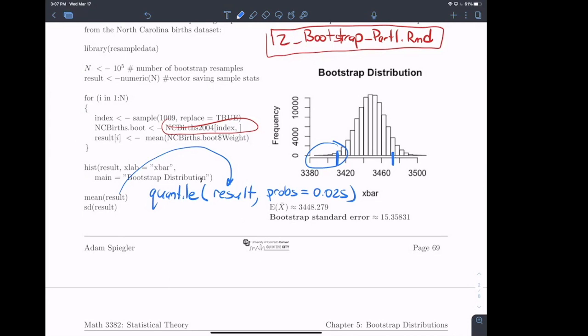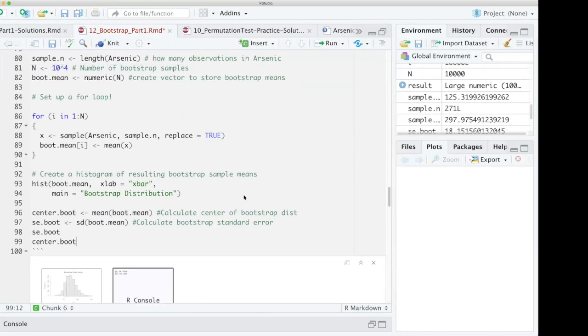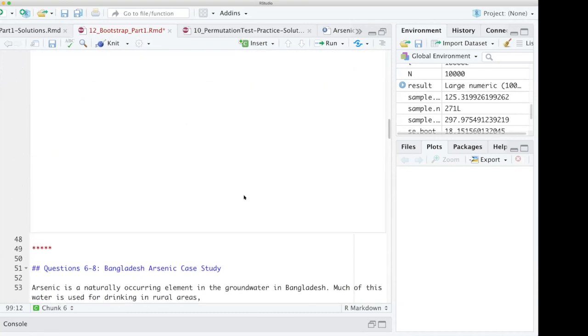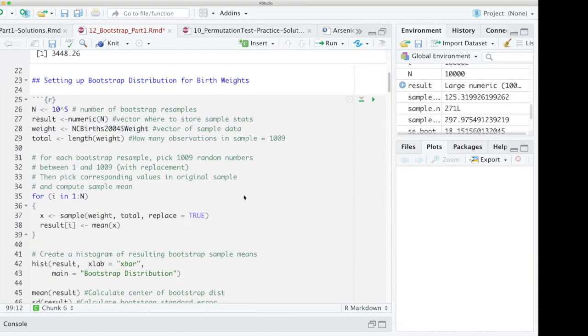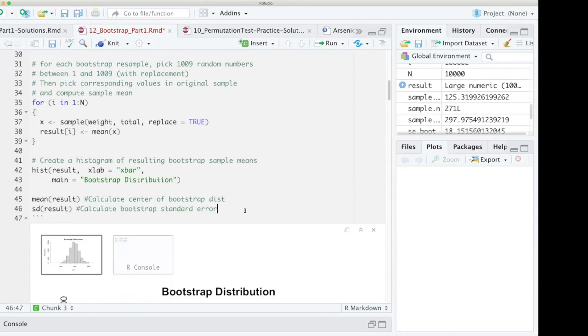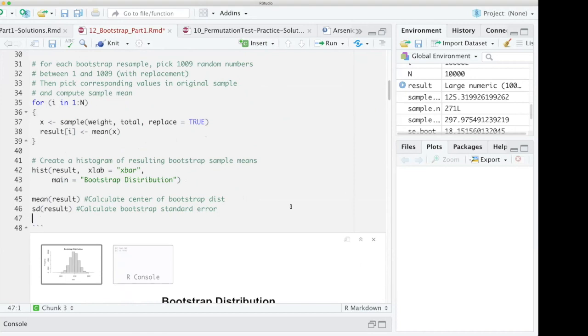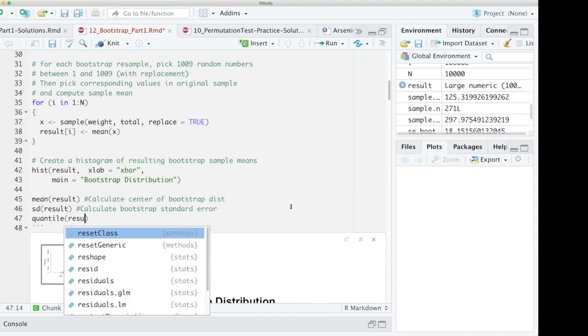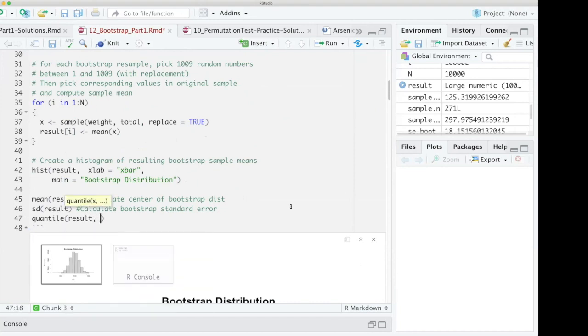So let me come back into R. So this is the Bangladesh stuff. So let's see, here were the North Carolina births. Here was the bootstrap distribution that we did for it. And now I'm going to add the command here that I want to take the quantile of result.